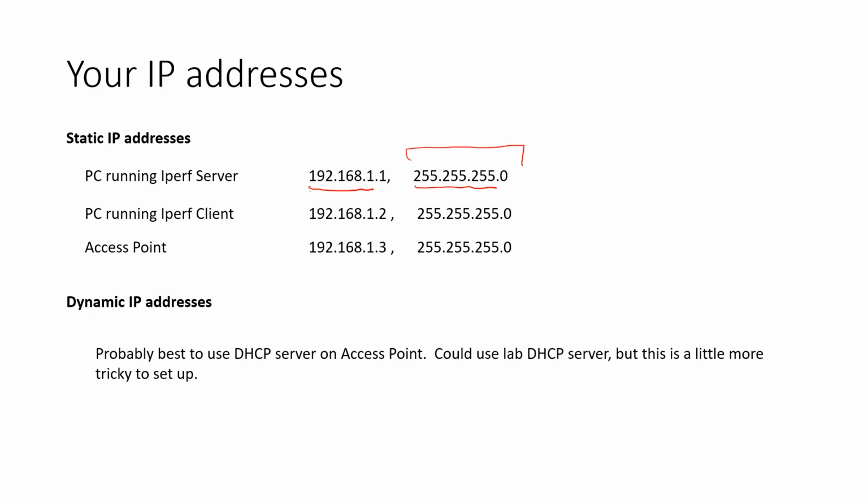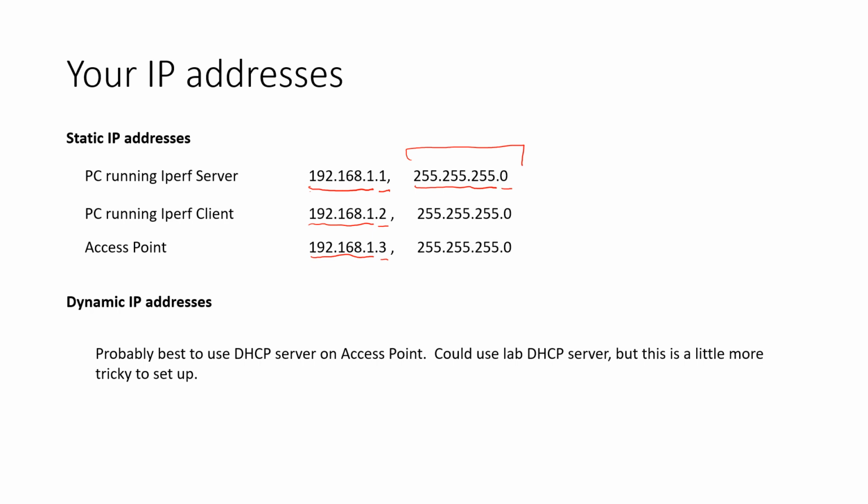The last octet in the subnet mask is a 0, implying that the last octet in the IP address is a host address. So if we take a look at these examples, we've got 192.168.1 for all 3 addresses, and we've got 1, 2, and 3 for the host addresses. So that satisfies the requirement that the network portion is the same, but the host portion is different.